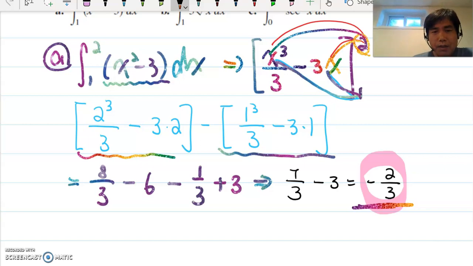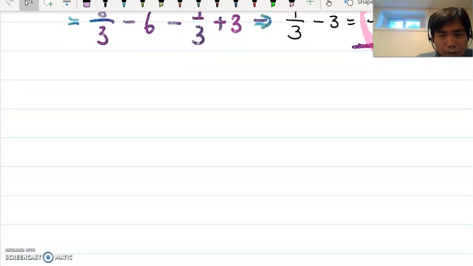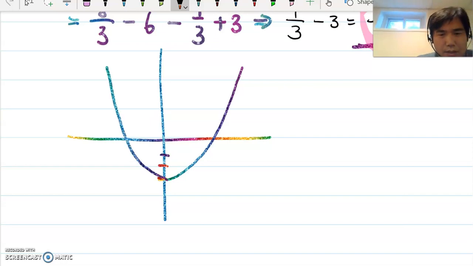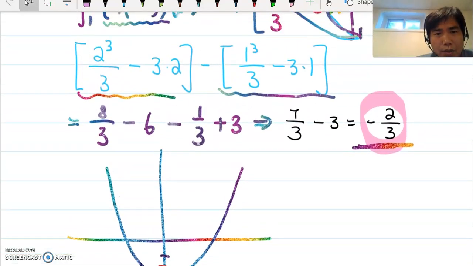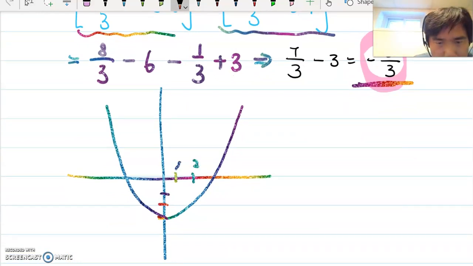This means, I just randomly drew the graph of x squared minus 3, and then now we are doing between 1 and 2. You are making basically the area for this region.